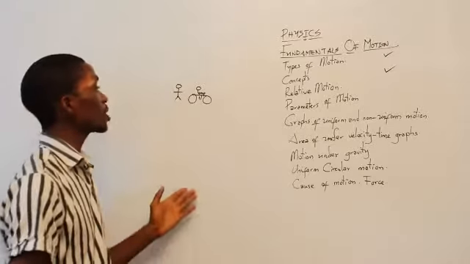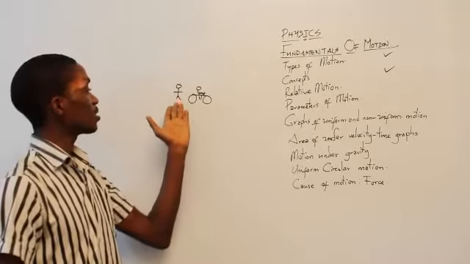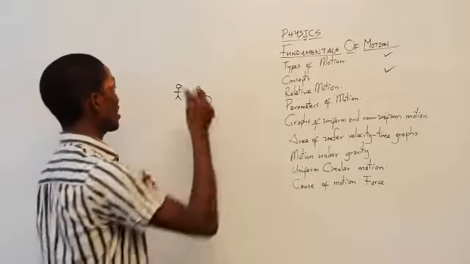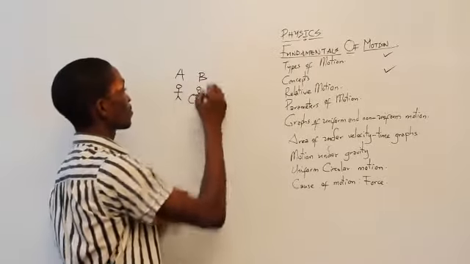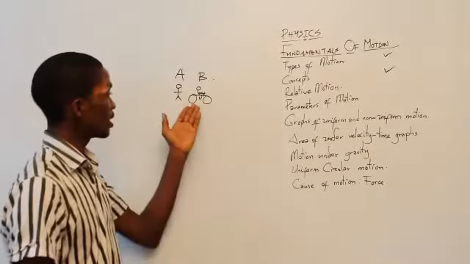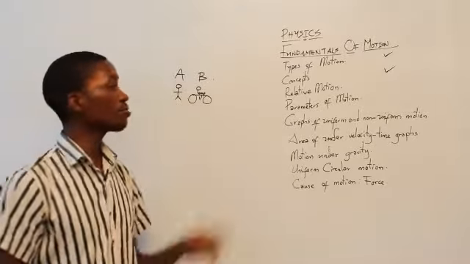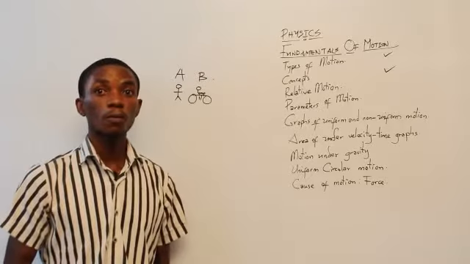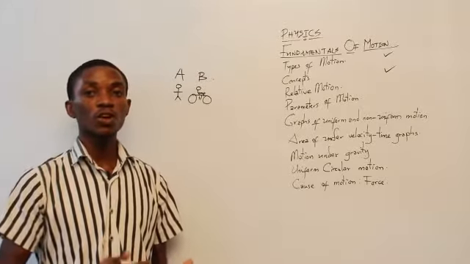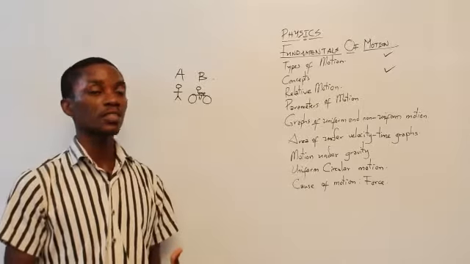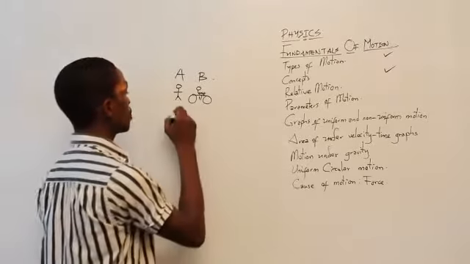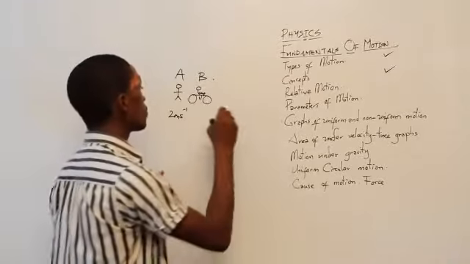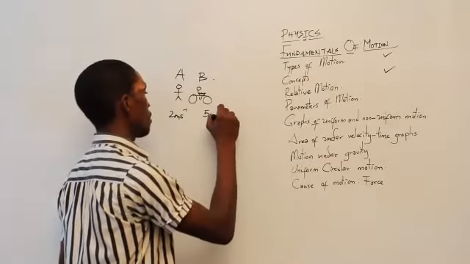So for us to take relative motion of what is happening between man A and man B, we say man A on a bicycle is relatively faster than man B, though man B is actually moving as well. But whenever we want to calculate how much faster he is moving, let's say man B is moving with a speed of 2 meters per second and the one on the bicycle is moving with 5 meters per second.